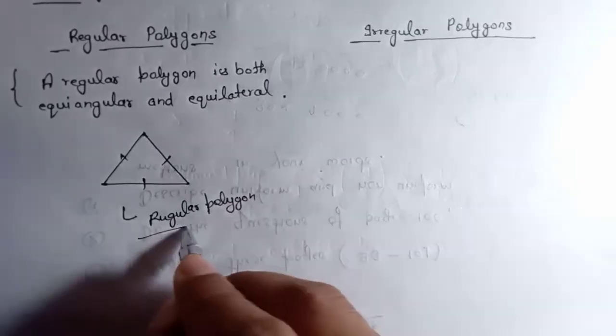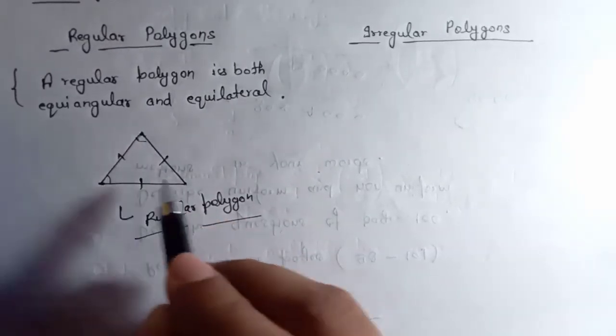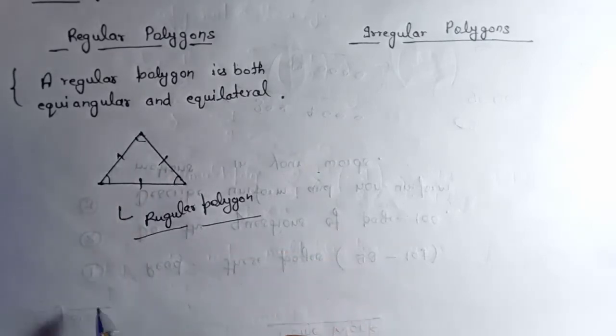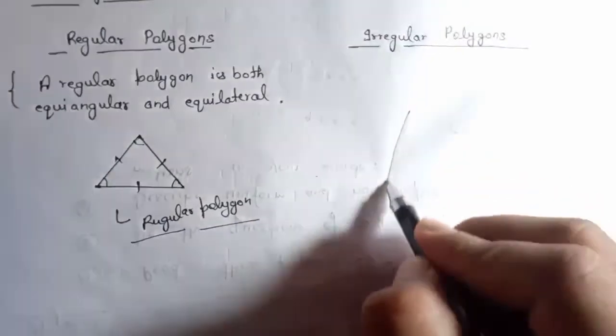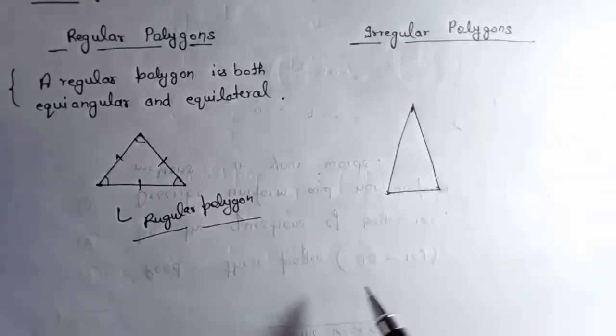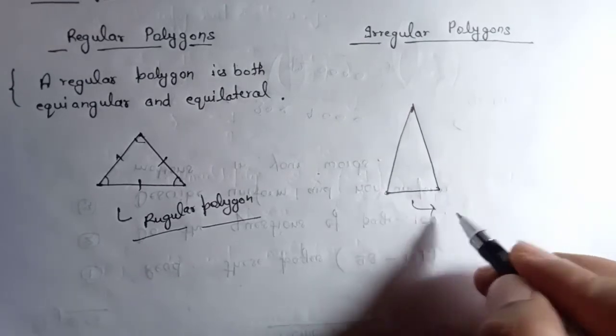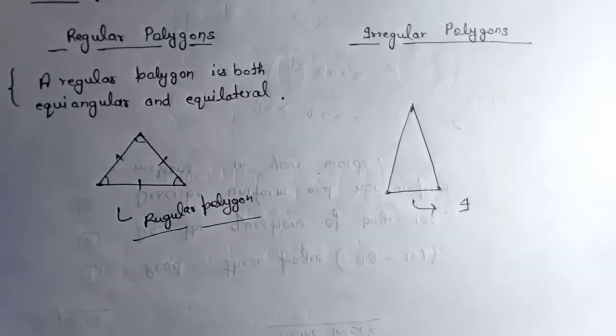And all the angles of this polygon are equal, and you can draw the triangle in this case too, and this time this is not a regular polygon, it is called an irregular polygon.